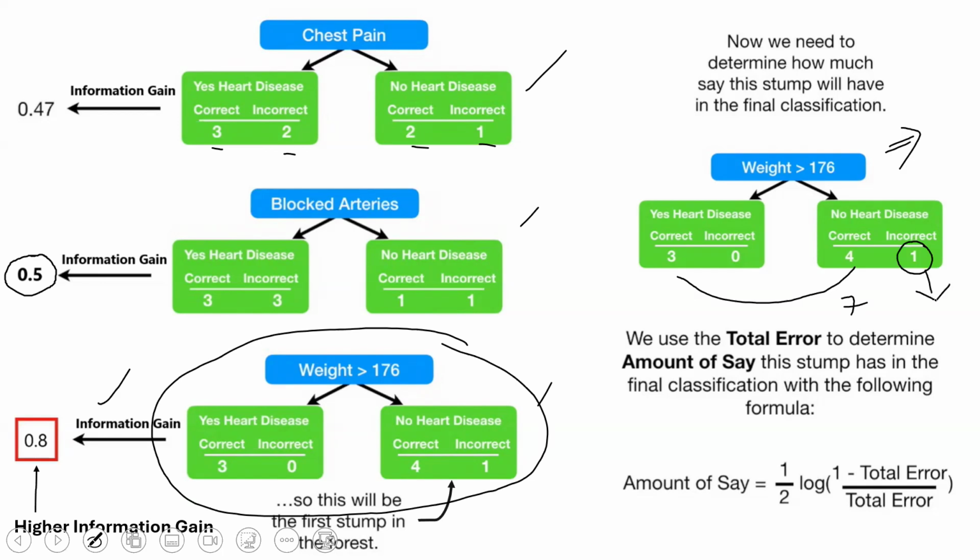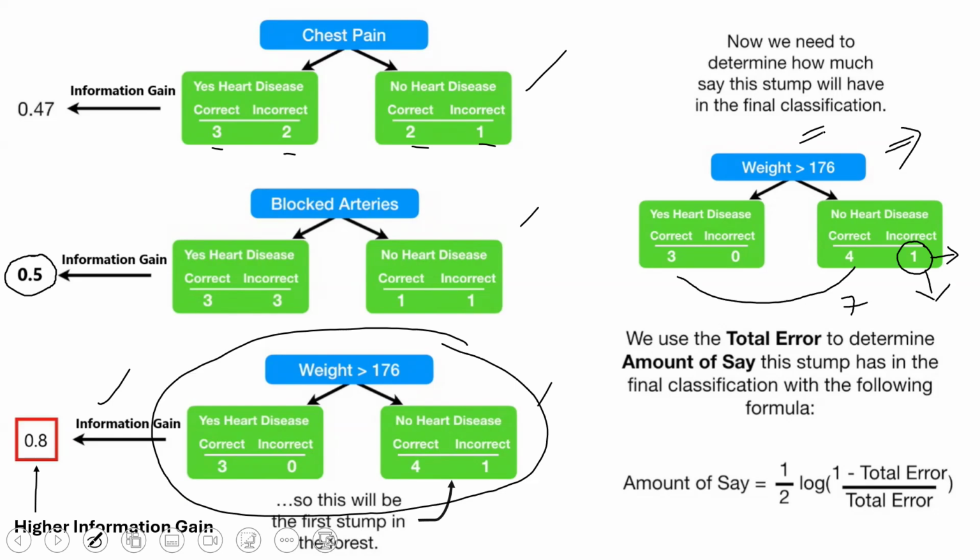From this you have to understand that in the next iteration this record should get more weightage. We will discuss how the weightage will change shortly, but now it is time to calculate the say that this stump will get in the final classification.